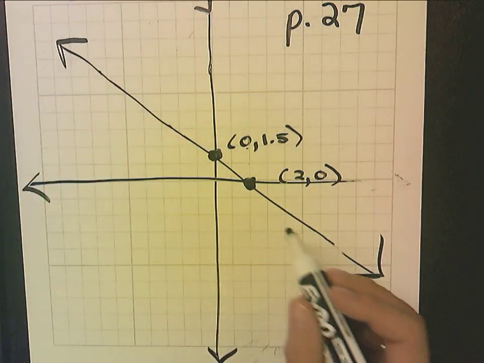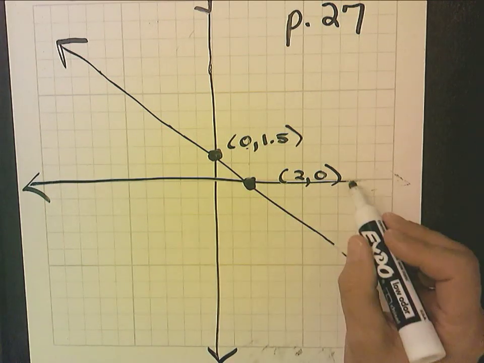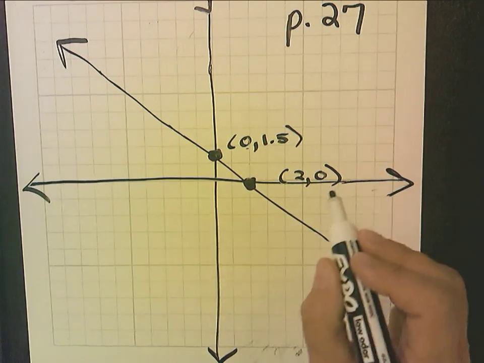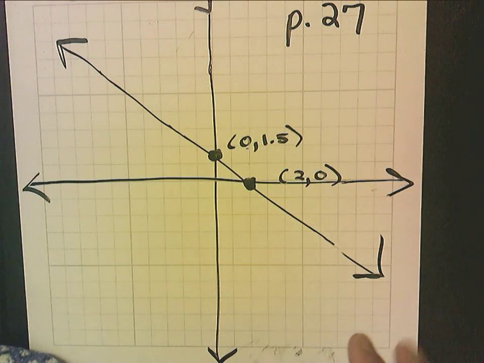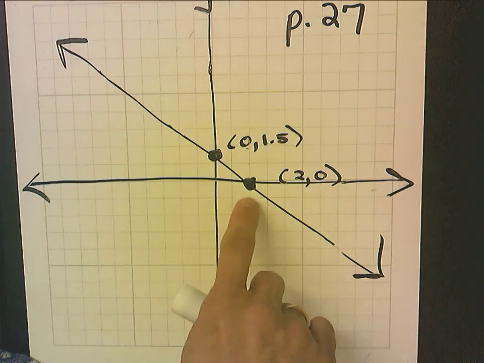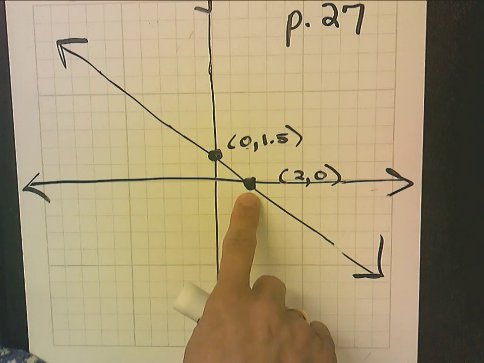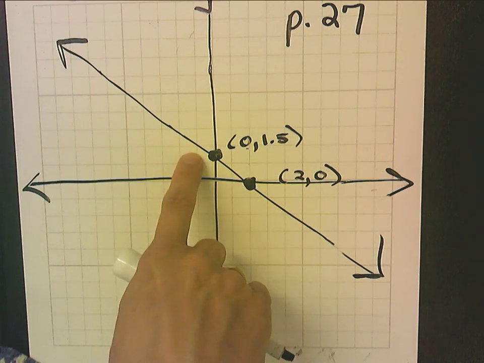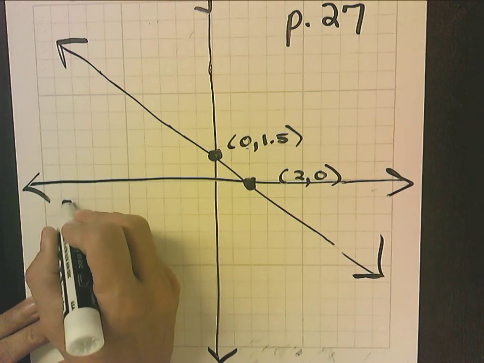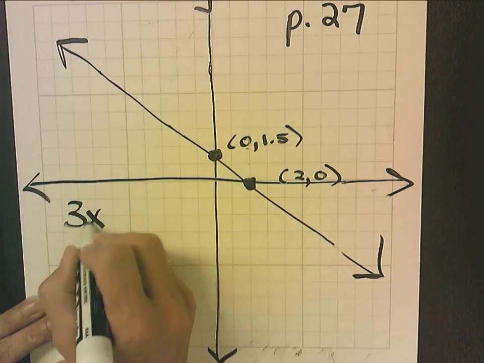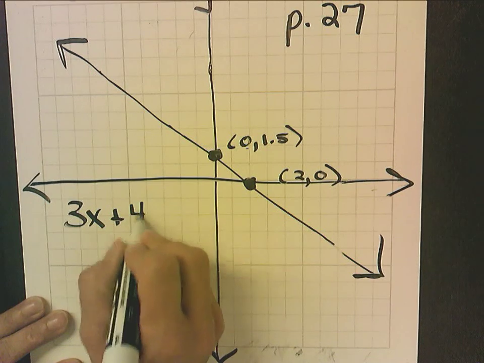Where the graph crosses the x-axis is the x-intercept, and y is 0. So, if we need to find the x-intercept, we let y equal 0, and if we need to find the y-intercept, we let x equal 0. So this graph is the graph of this equation.